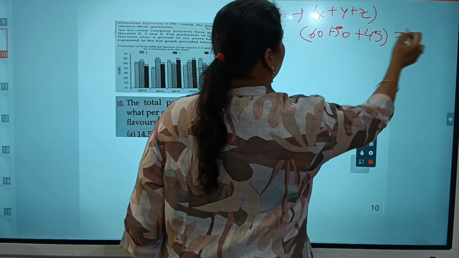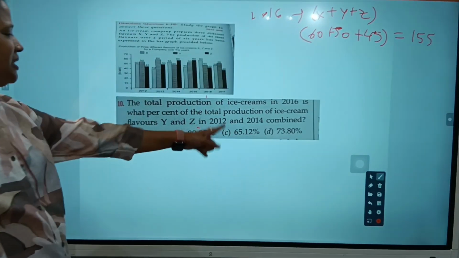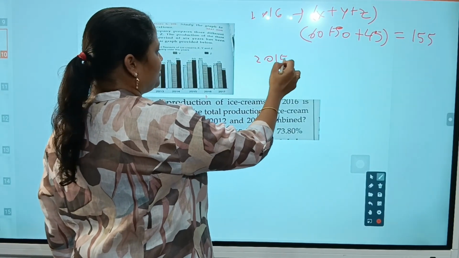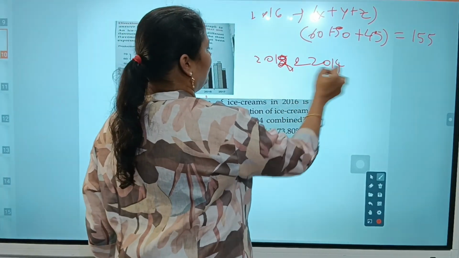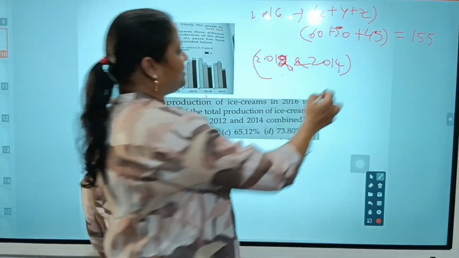It is 155. But for which years do we have to take the combined value of Y plus Z? 2012 and 2014. For these 2 years we have to take Y and Z combined.